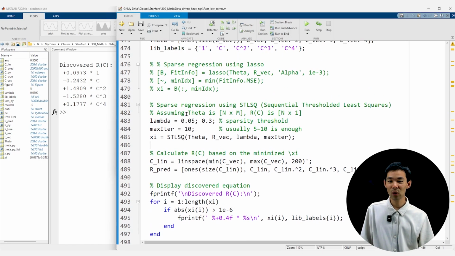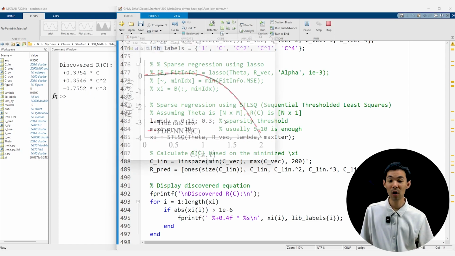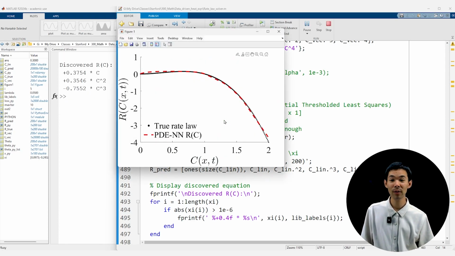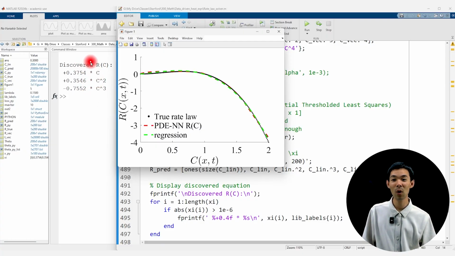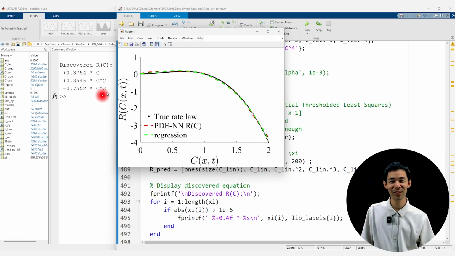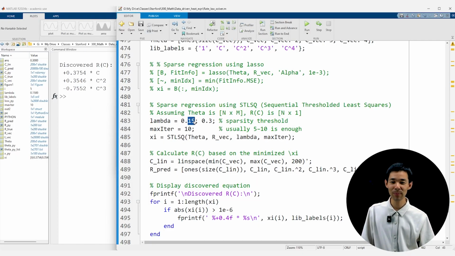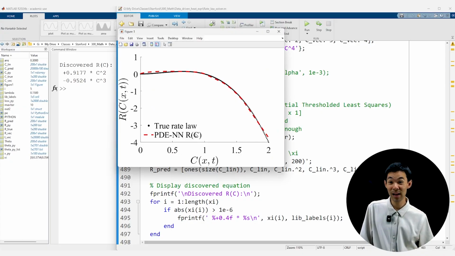We can try cranking this up to a larger threshold lambda value. In that case, it's gotten a little sparser. The constant term 1 has disappeared and C to the 4th has disappeared, but it's still not sparse enough and it's not finding the true solution. We can still keep cranking it up, and it's closer now.